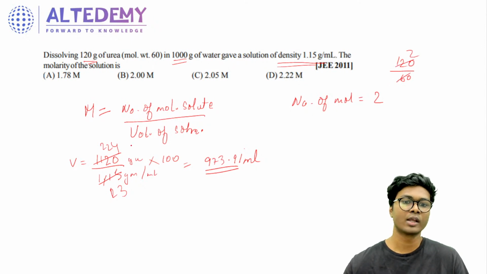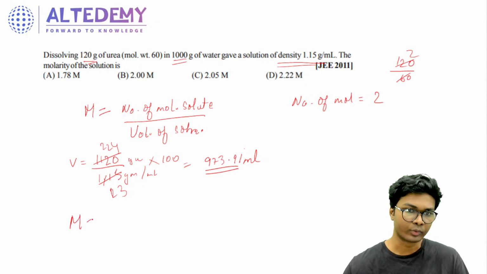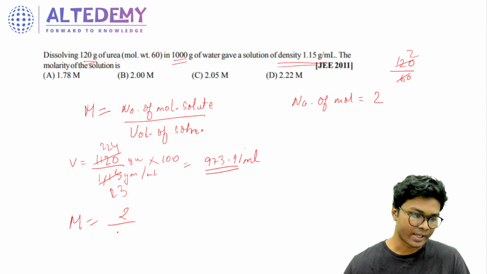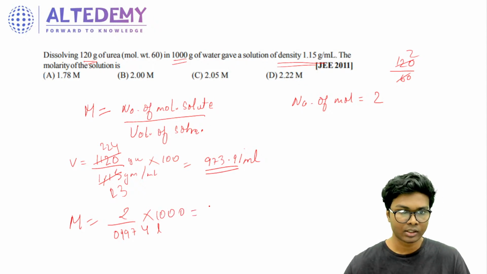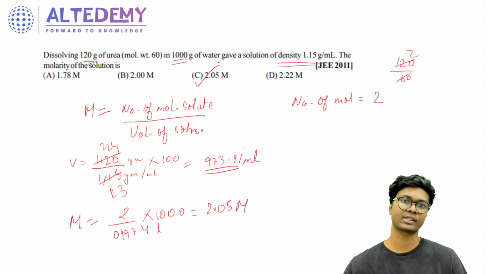So the number of moles is 2. Therefore, molarity: now we know both the values. We have the number of moles of solute, that is 2, and we have the volume, which is in ml, so we'll have to convert it into liters. It will be 0.974 liter, and therefore when we divide, we'll get 2.05 moles per liter. So option C is correct.